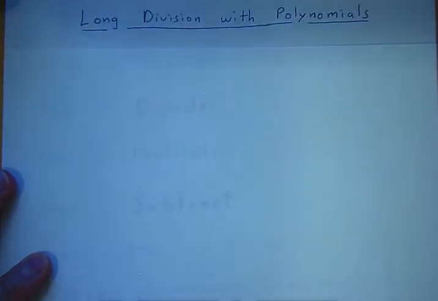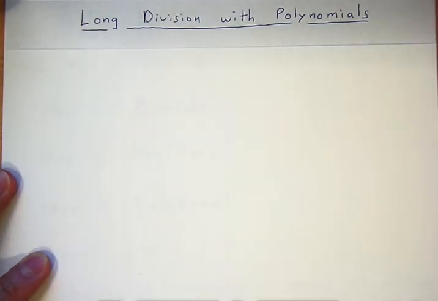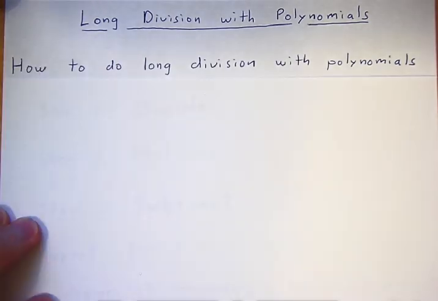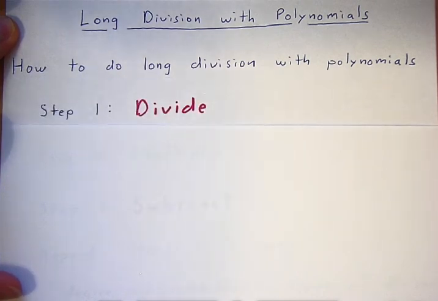Okay, let's get back to the topic for today. We are talking about how to do long division with polynomials. Here are the steps. Just like in our previous example, the first thing you're going to do is divide.